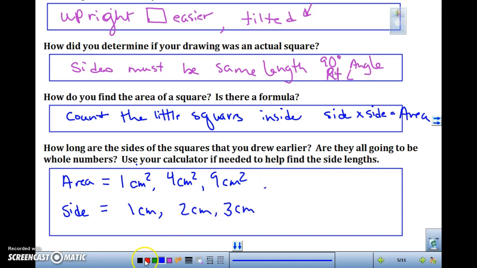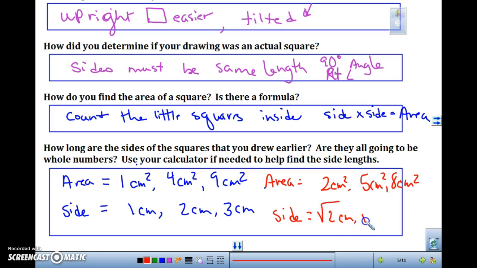When our area changed to 2 centimeters squared, 5 centimeters squared, and 8 centimeters squared, the side length was square root 2 centimeters, square root 5 centimeters, and square root 8 centimeters.